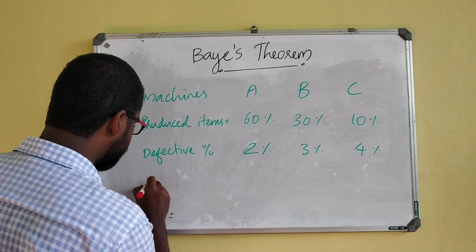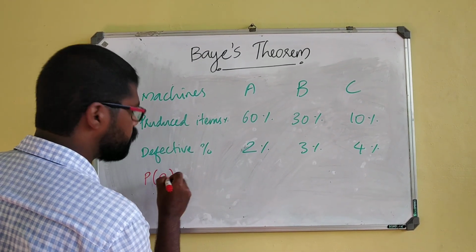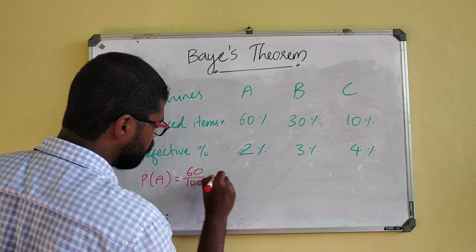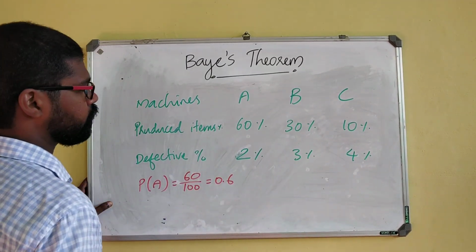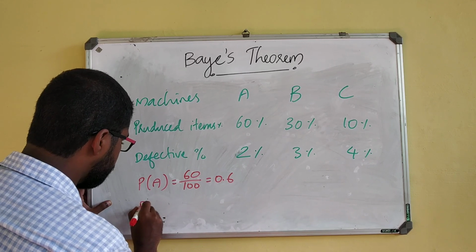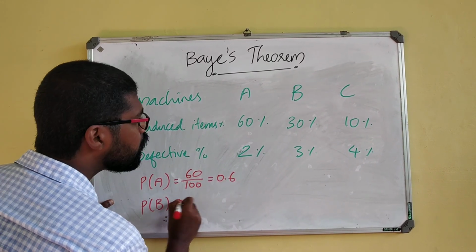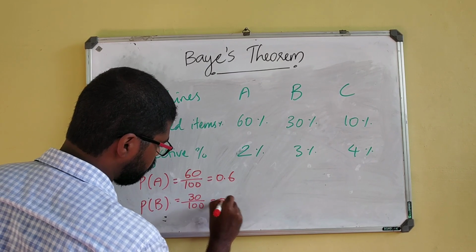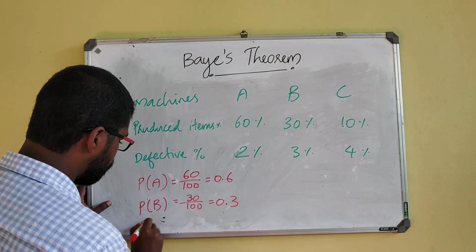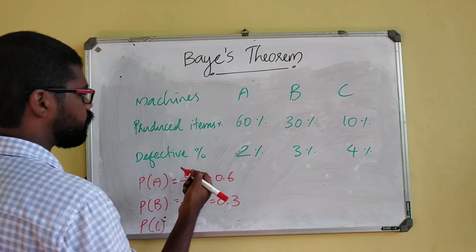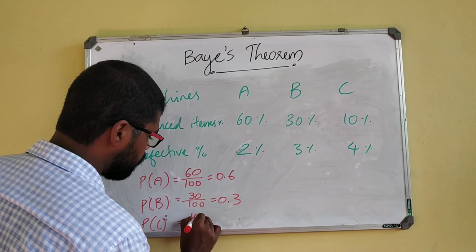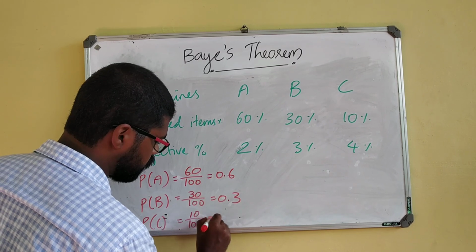That is, probability of A is equal to 60/100, so it will be 0.6. And probability of B will be 30/100, that is 0.3. And probability of producing an item from machine C will be 10/100, which is equal to 0.1.